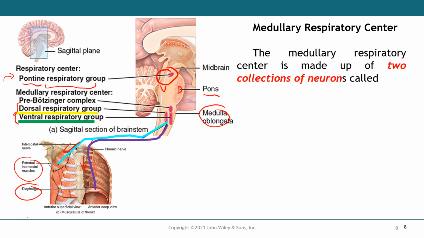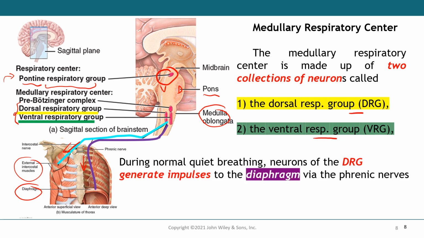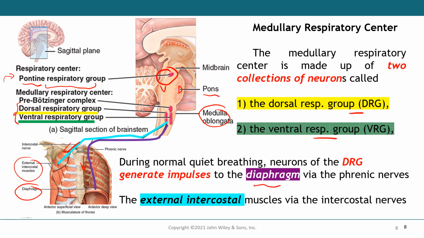This information is mainly about the medulla oblongata, which has two collections of neurons, the dorsal respiratory group and the ventral respiratory group. They regulate the diaphragm and the external intercostal muscles, and in this way they regulate deep breathing.